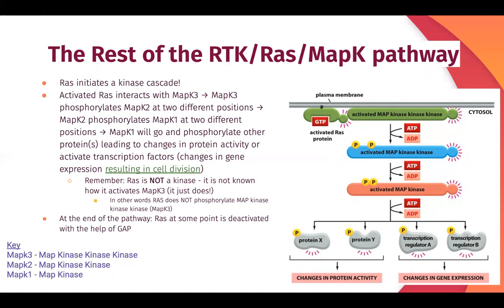So RAS somehow activates MAPK3, and a kinase takes the phosphate off ATP and sticks it to MAP kinase, which is MAPK2, which is blue, which then does the same thing to MAP kinase, which is like orange, peach, salmon in this. And so then MAPK will go and phosphorylate downstream proteins that can either change protein activity, or it can phosphorylate transcriptional regulators and change gene expression.